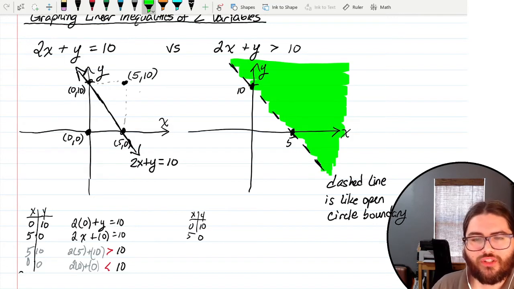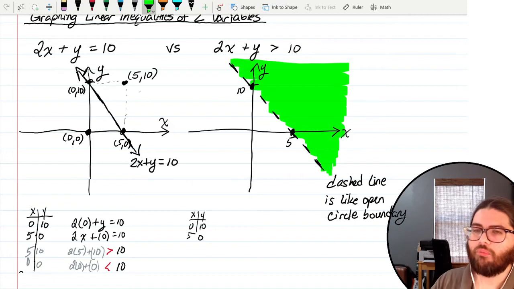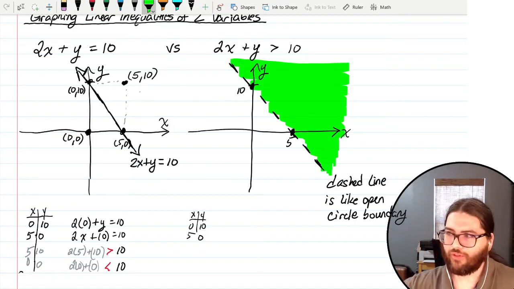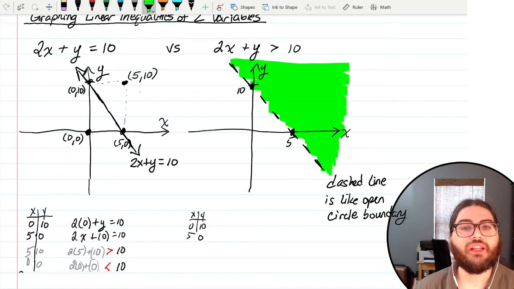I kind of wish I could, but everything on this side of my dashed line boundary is a solution, right? 5, 10. We saw that one because we plugged it in, but I could go forever. 5, 11, 5, 12, 5, 13, infinitely many solutions in that.